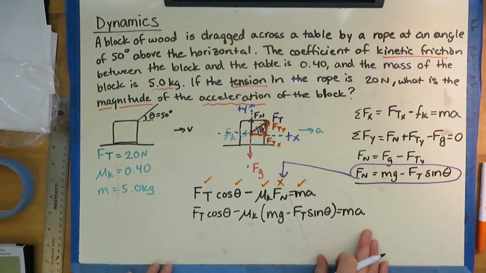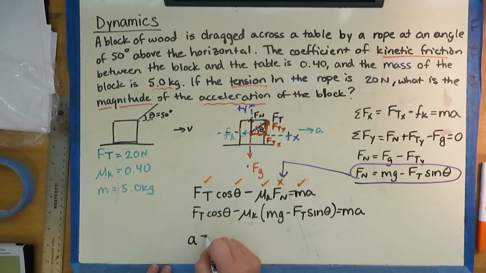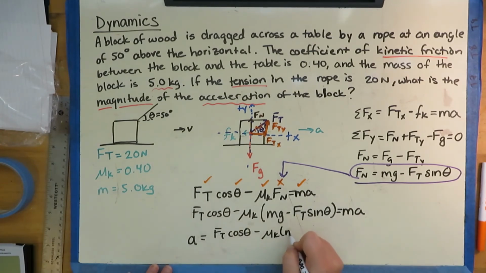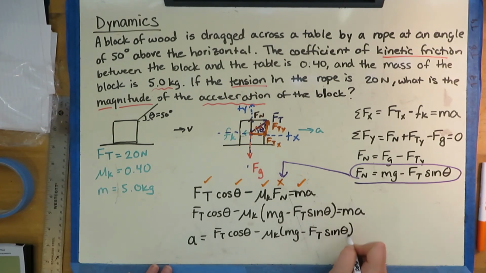So if I were to solve for my acceleration, I would get that my acceleration is equal to Ft cosine theta minus mu k times mg minus Ft sine theta, all over mass.